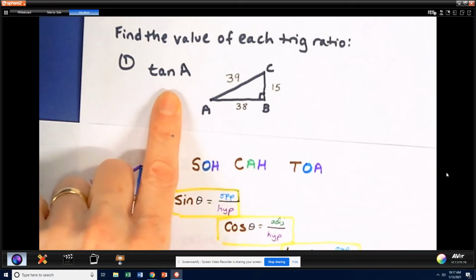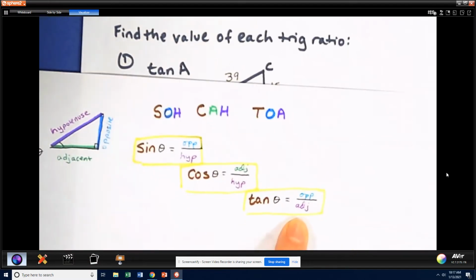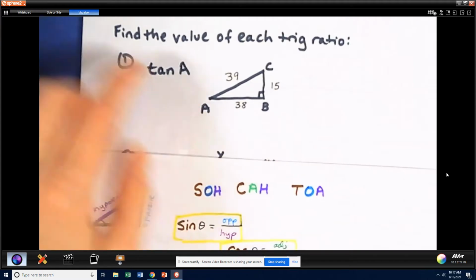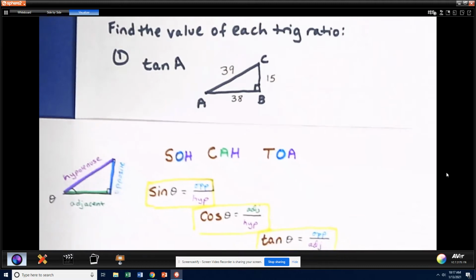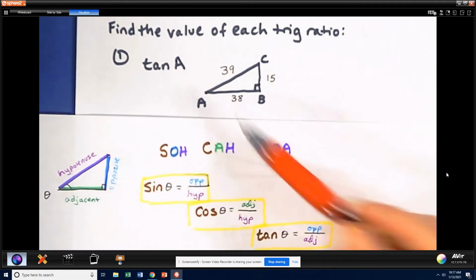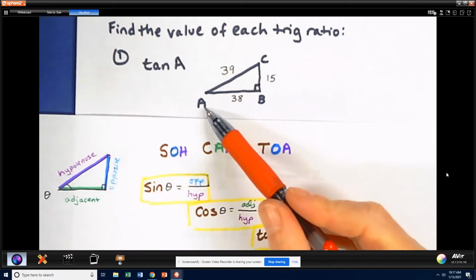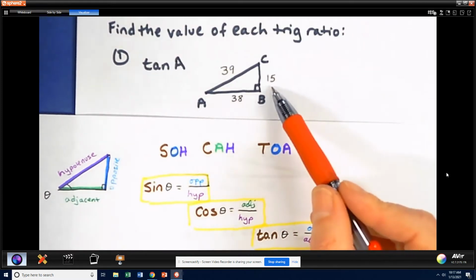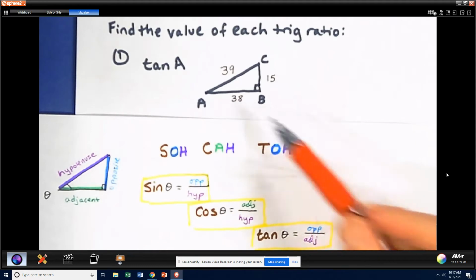If they're asking you for tangent, you want to be thinking about the tangent ratio. And you want to pay attention to which angle they name and look at its position in the triangle. So if we are looking at tangent of angle A, we are looking for the opposite over the adjacent. The side opposite angle A in this triangle is 15, and the side adjacent to angle A is 38.